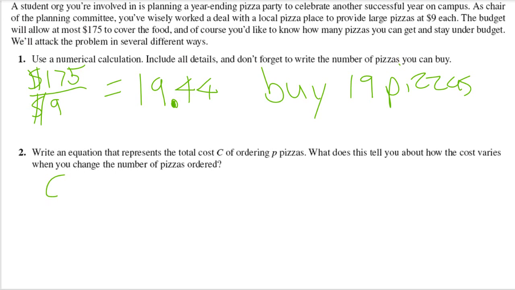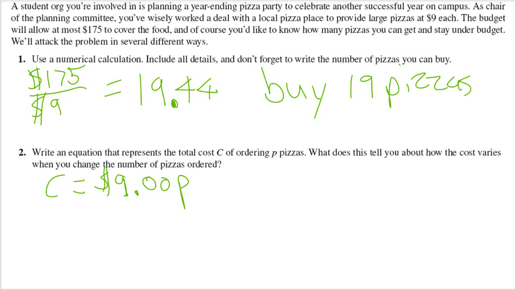So C equals, what does this tell you about the cost of pizzas? So first of all, if we order P pizzas, we're going to pay $9 for each of those. We will multiply 9 times P.